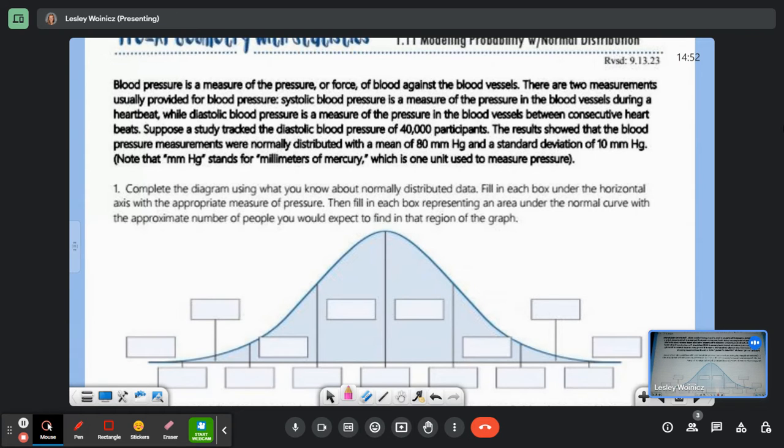Suppose a study tracked diastolic blood pressure for 40,000 participants.